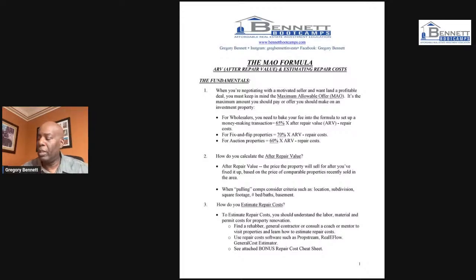So the difference between the 135 for the wholesaler and 150 for the cash buyer is 15,000. Or you could just take a shortcut and say my wholesale fee should be about 5% of the after repair value. 5% of 300,000 is 15,000. And so in that case, your wholesale fee is 15,000.